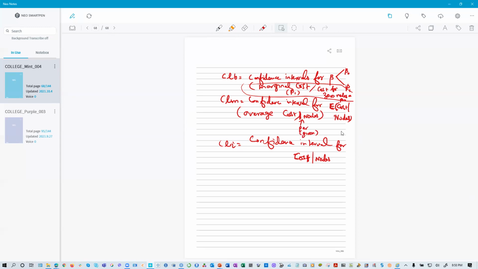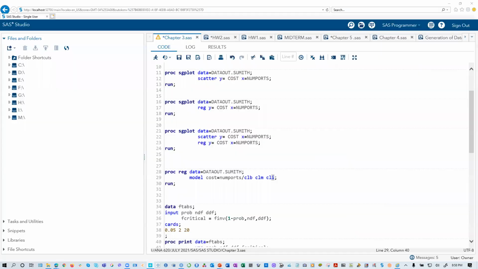The number of nodes has been given. Based on the number of nodes, you're going to decide your cost. You need the estimate. This estimate is a confidence estimate, and the confidence estimate is a point estimate. You're going to utilize the point estimate to get the confidence. Those are the 3 results you're going to see here.